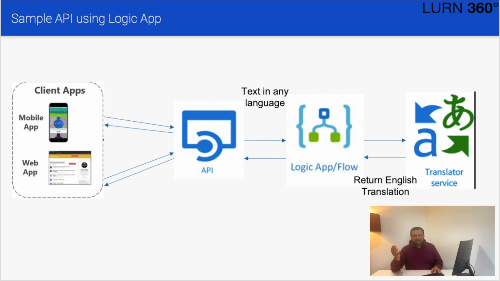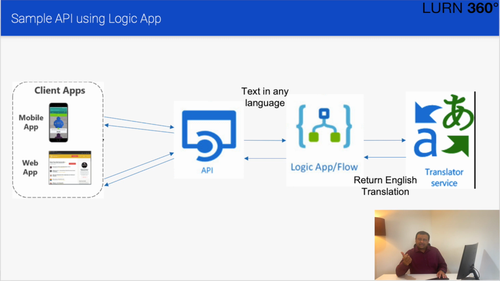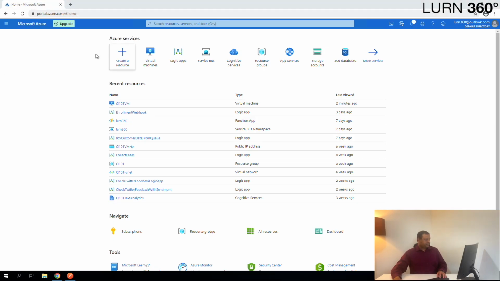So in the request we want to receive some text in anything other than English, and then in the Logic app we want to translate this into English and send a response back to the caller. So let's go ahead and log into the Azure portal.